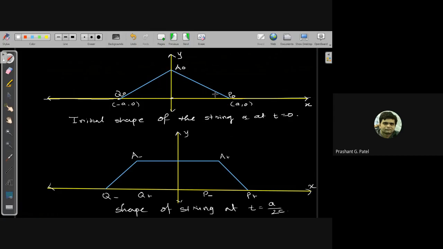So at t equal to 0 this is the initial shape, and then you release the string.